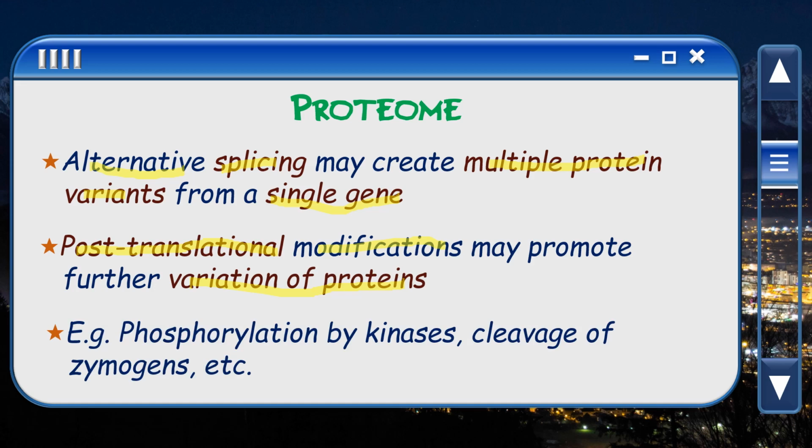For example, phosphorylation of kinases may bring about variation in the proteins. Cleavage of zymogen may also cause a variation in the protein, and very many others.